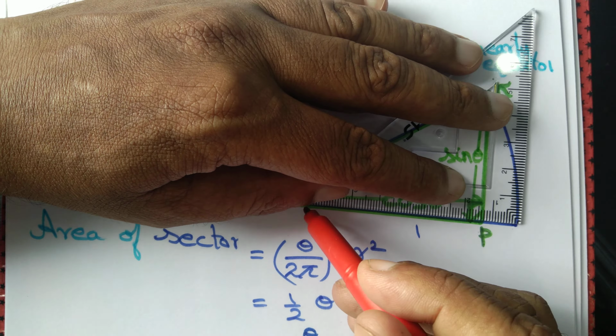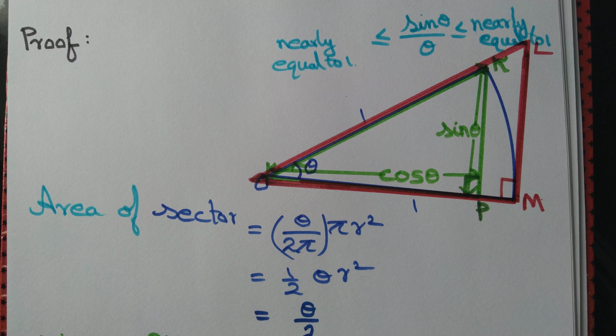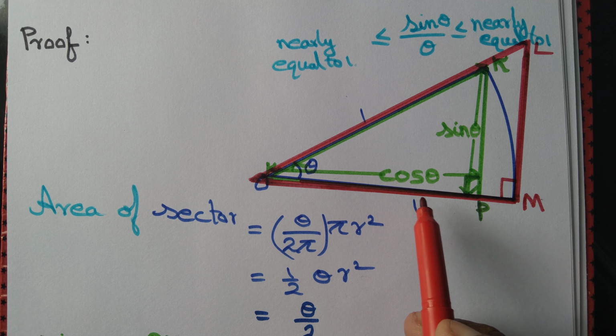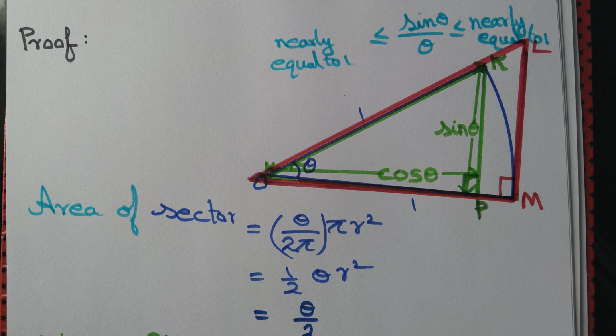So we did draw a red triangle with area greater than the area of the sector. Let this point be M, let this be L. Area of triangle OML, once again it is a right angle triangle, so half base into altitude. OM is exactly unit length. What about LM?